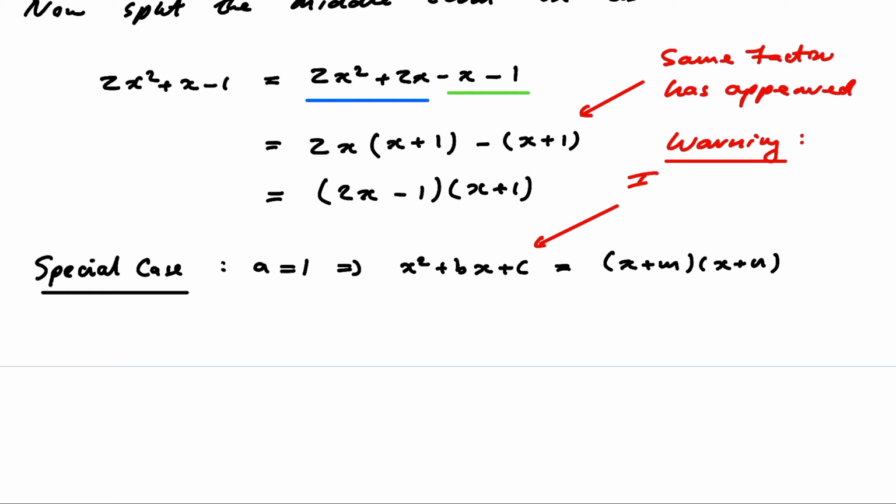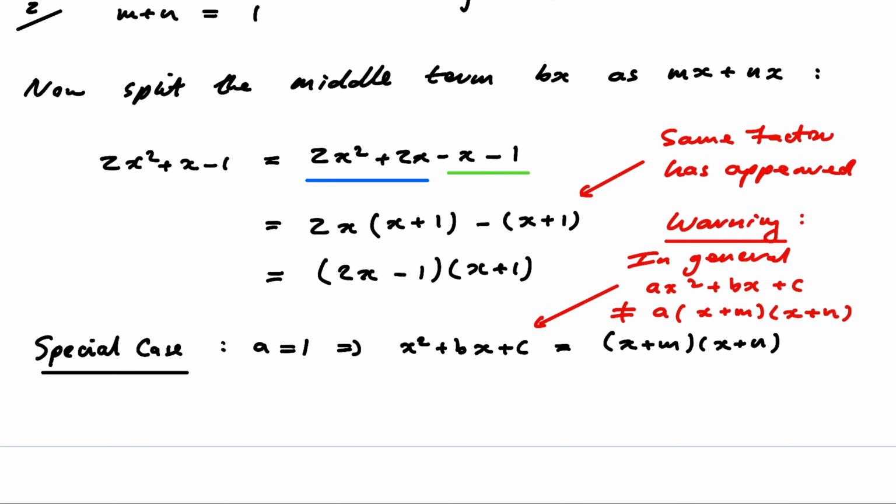So in general, it's not true, right? ax squared plus bx plus c is not equal to a times x plus m, x plus n. It's not that simple. It only works in the case a is equal to 1. If a is not equal to 1, you have to go through this procedure of splitting the middle term and then gathering.